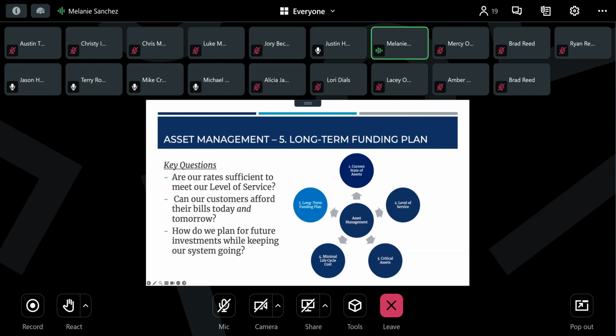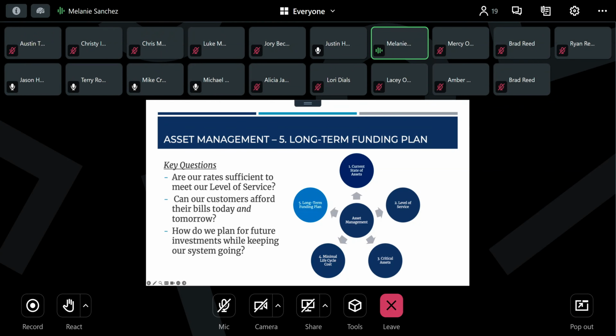The last piece of asset management that we'll talk about is defining the best long-term funding strategy. Making sound financial decisions and establishing an effective funding strategy are pretty pivotal for the success of our asset management program. Understanding the financial landscape is pretty essential.